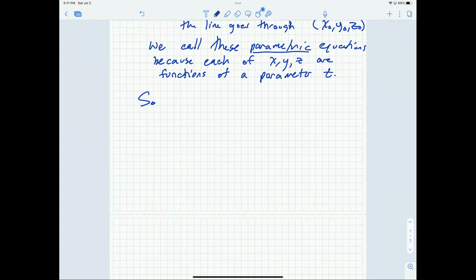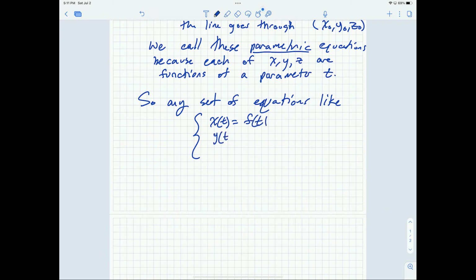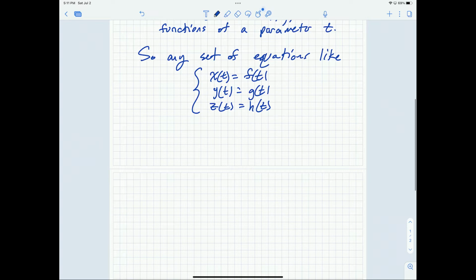If you have any set of equations like this, x of t equals some function of t, y of t some other function of t, and z of t some other function of t, maybe with some range of t values, I'll say a less than or equal to t less than or equal to b, those could be infinity, that is a set of parametric equations for a curve.